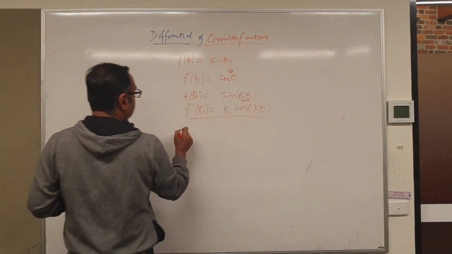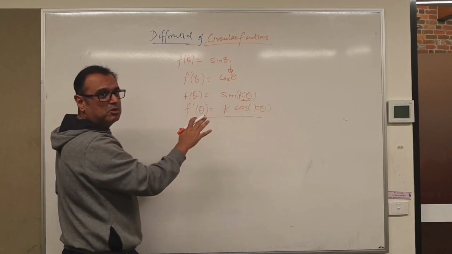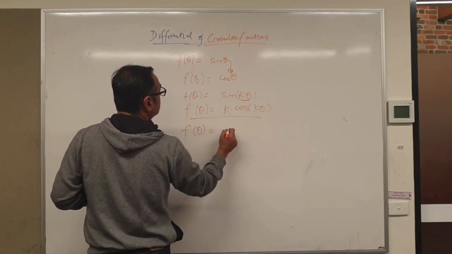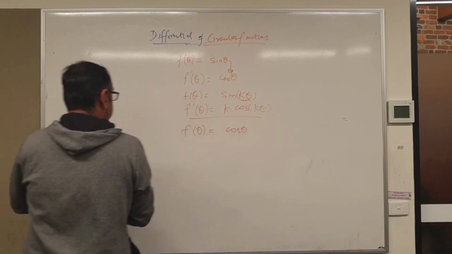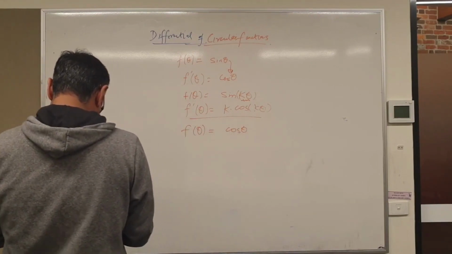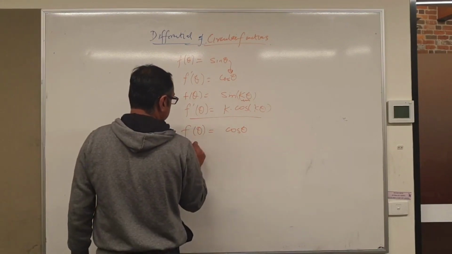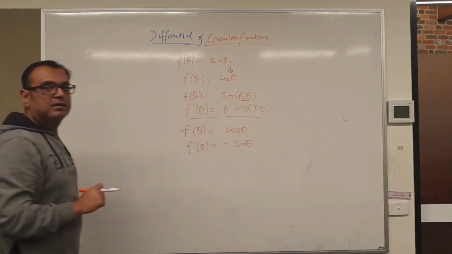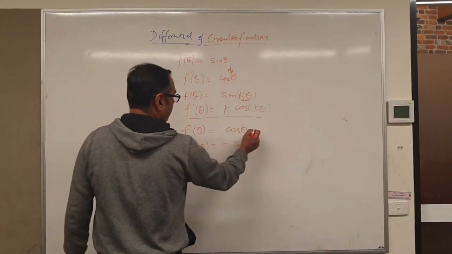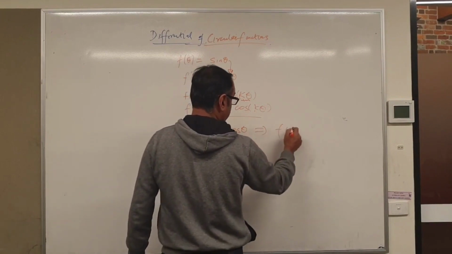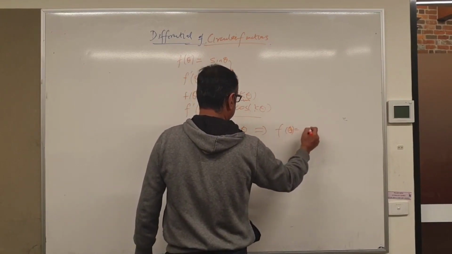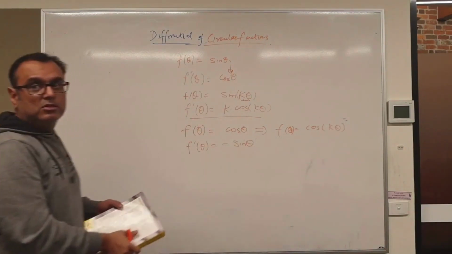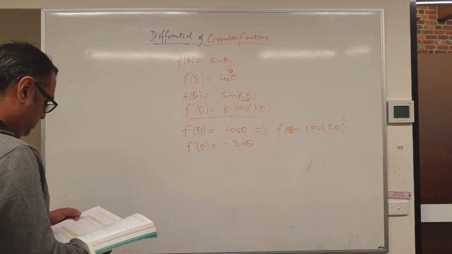Now, this color is visible on the board, right? If I have f of theta equals cos theta, then what does that become? Minus sine theta. F dash theta is minus sine theta. And if I have an extension to this, f of theta is cos k theta, what would that be?